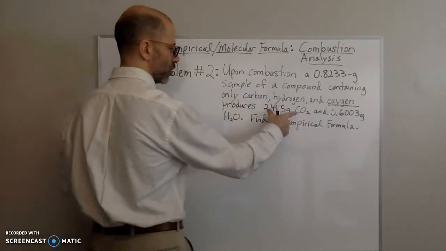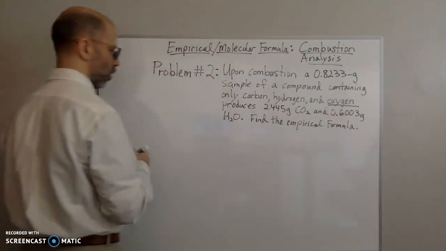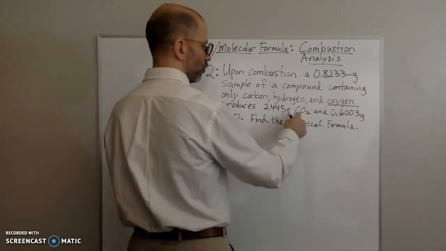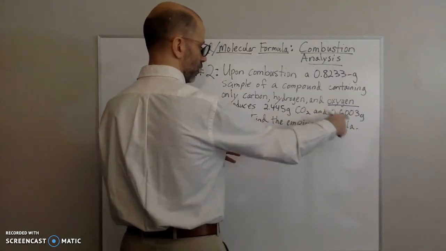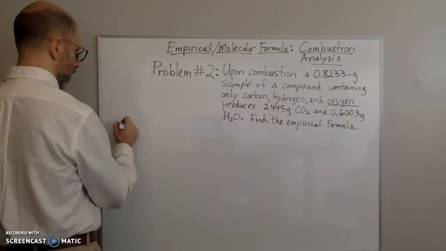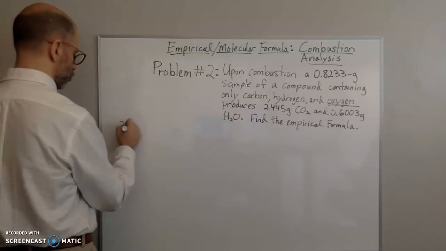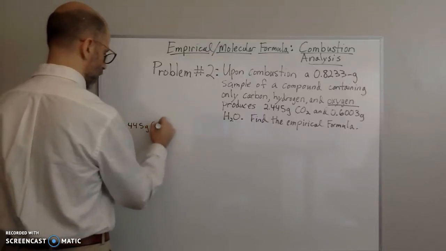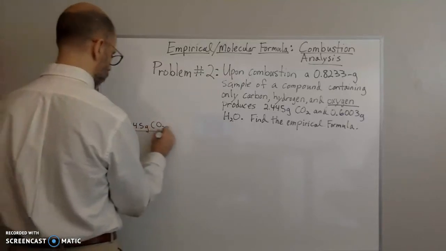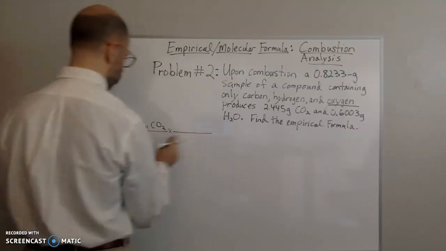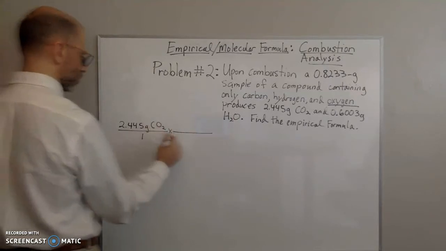So we need to take the gram amounts of carbon dioxide and water, convert those to moles of carbon and moles of hydrogen. So we're going to start with carbon dioxide. So we got our 2.445 grams of carbon dioxide. We're going to put that over 1. We're going to then multiply by the molar mass so we can convert from grams to moles.